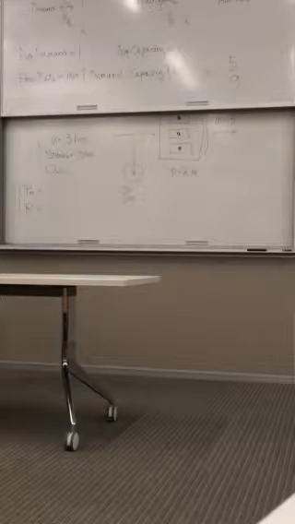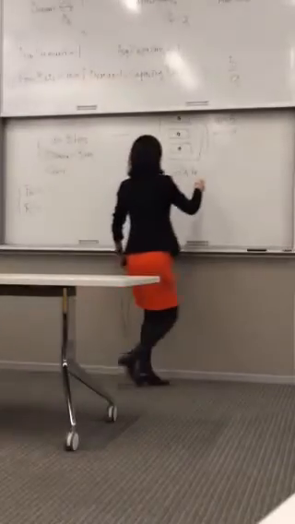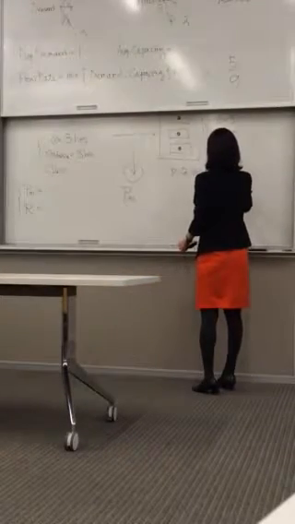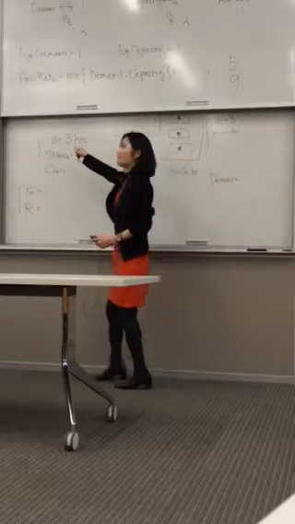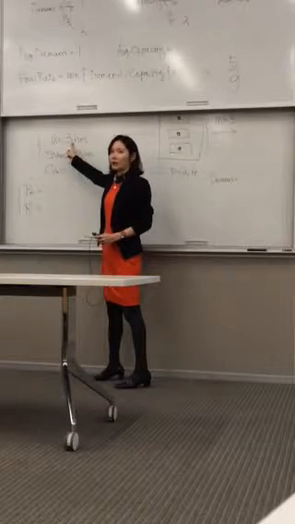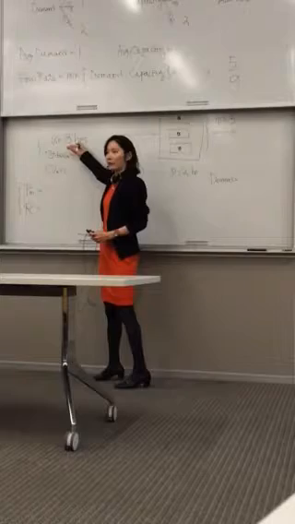Before we dive into solving these, let's first look at what the average demand and the capacity for this system are. Okay? What is the average demand for this system? Demand depends on the customer's arrival process, or the patient's arrival process.